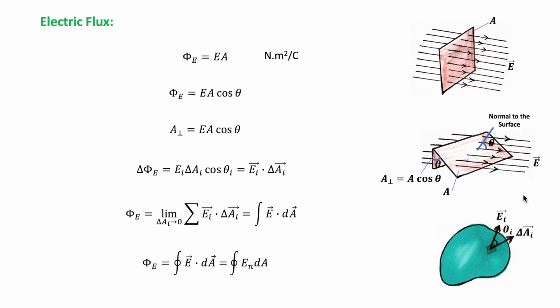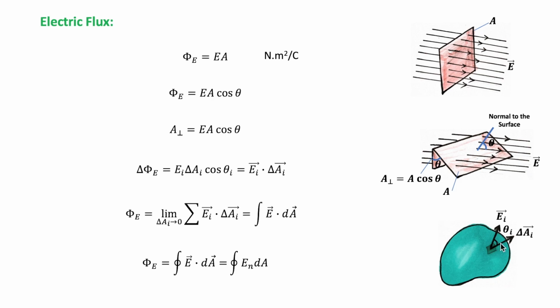Now let's consider the case when the electric field is not uniform but varies in both magnitude and direction over the surface. Then we can divide the surface into a large number of small area elements, okay, each of area delta A_i. And if this element is small enough, we can ignore the variation of E over it, right?